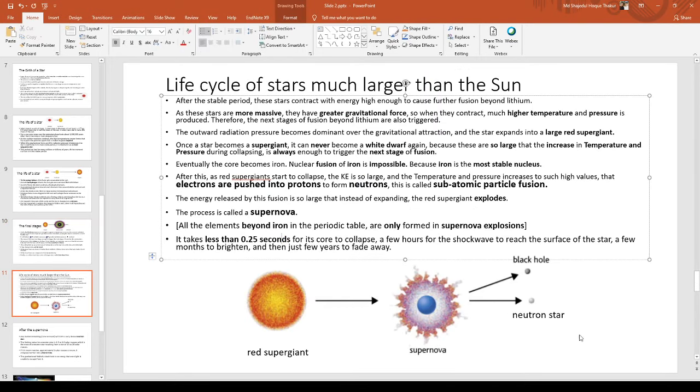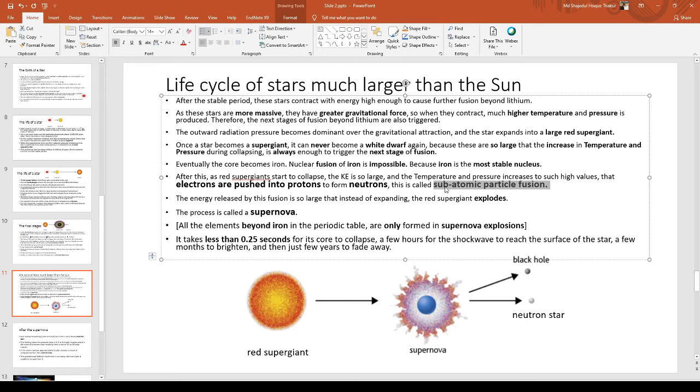And before a neutron star is formed, what happened? A supernova. The fact that a supernova happened, what does this indicate? This indicates that subatomic particle fusion has occurred, right?